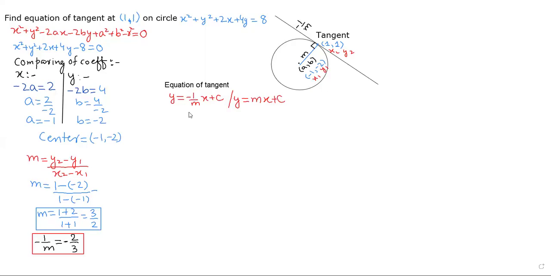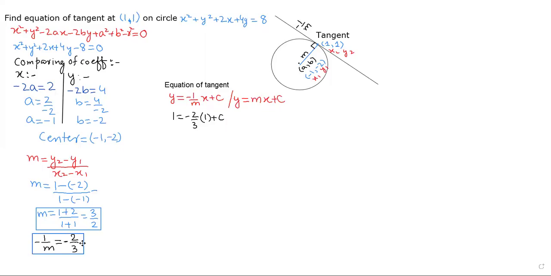So plotting my values over here, the y value which is on this line is 1, equals minus 1 over m. Minus 1 over m was coming minus 2 over 3. In place of x is again 1, plus c.